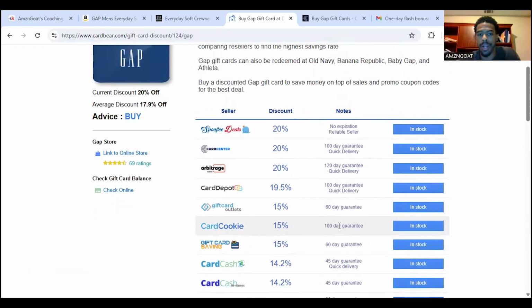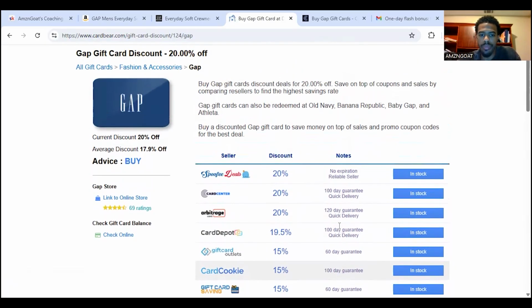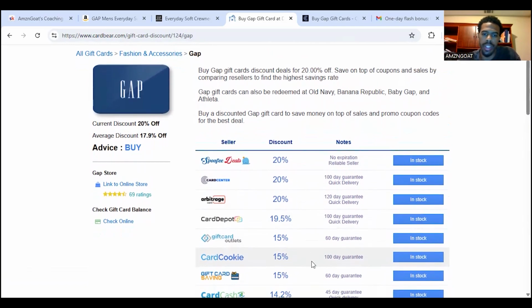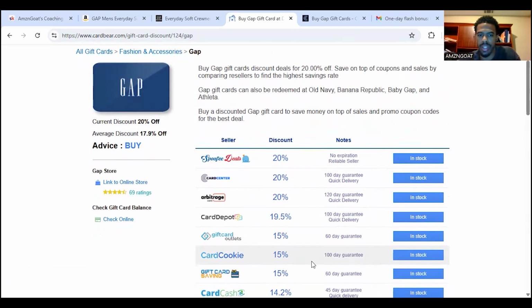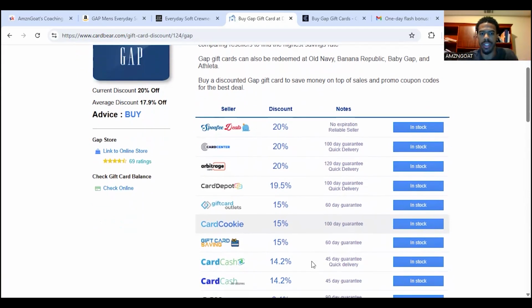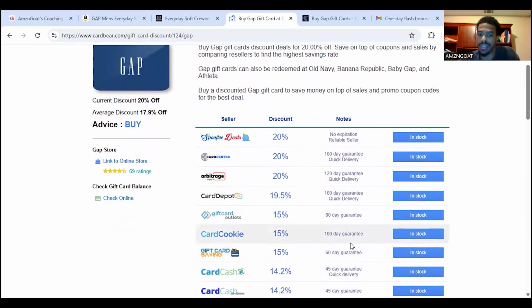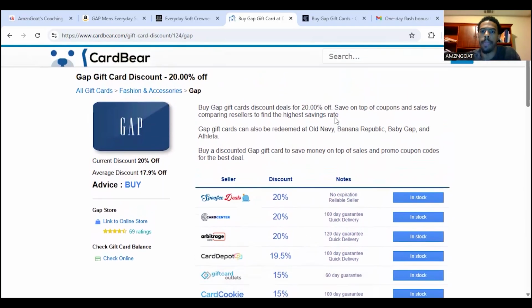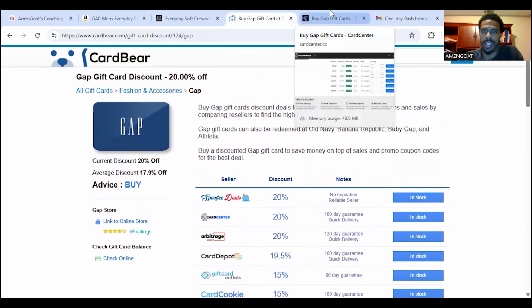Most of those are going to be emailed to you right after you make the purchase. I think Card Cookie is probably the only one that, on weekends, you may have to wait until the next day or whatever. But there's a lot of opportunities, and everyone that I just called out, you can mark those as suppliers that are trustworthy, right? You'll get your gift cards after you make the purchase.